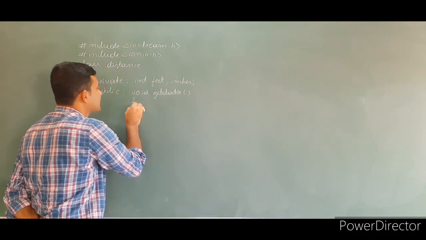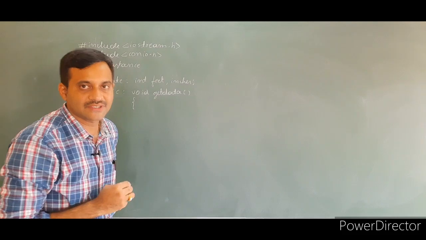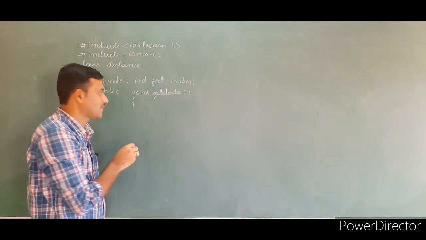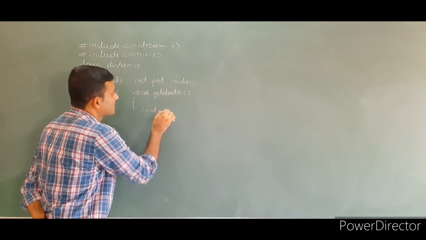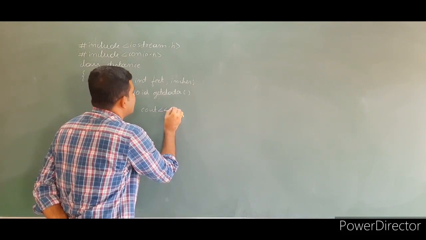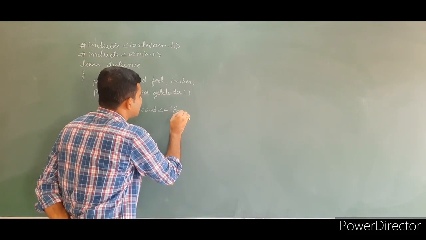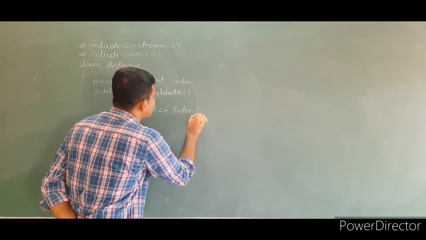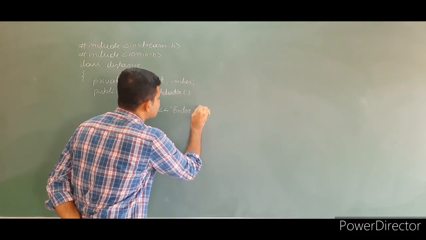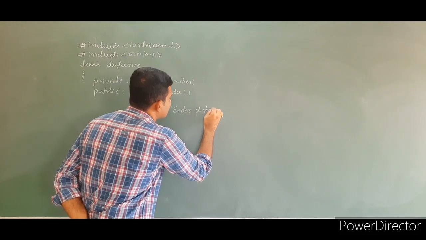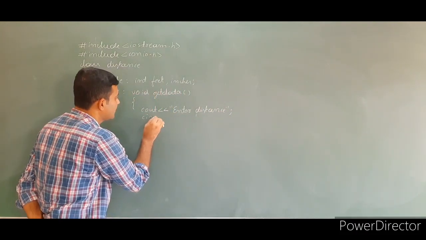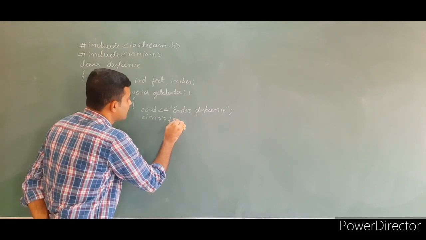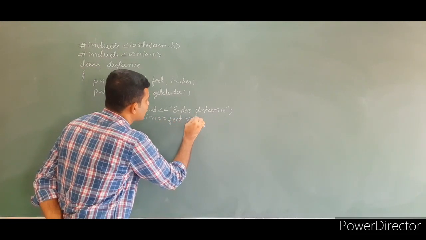Here the member function is declared inside the class definition, so it is an inline function. So cout enter distance. Cin extraction feet extraction inches.